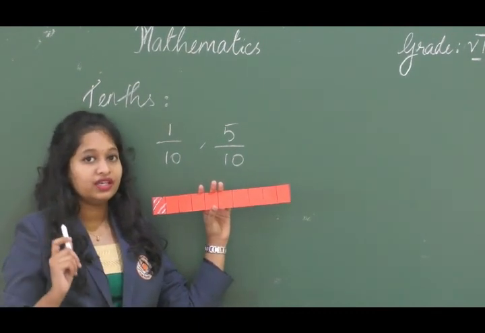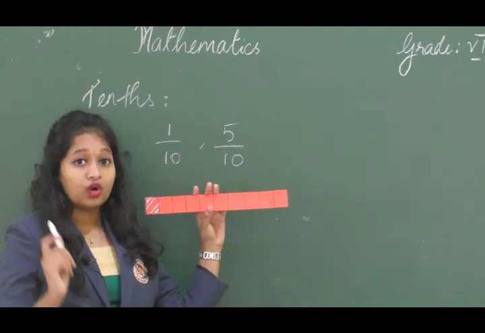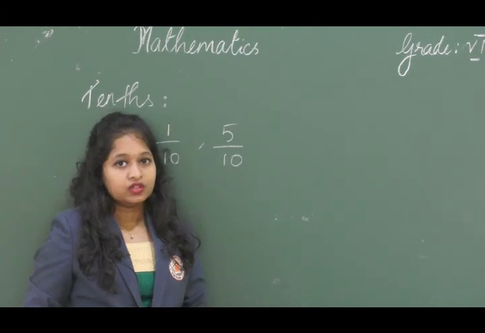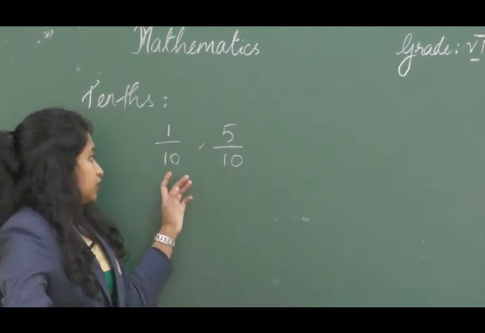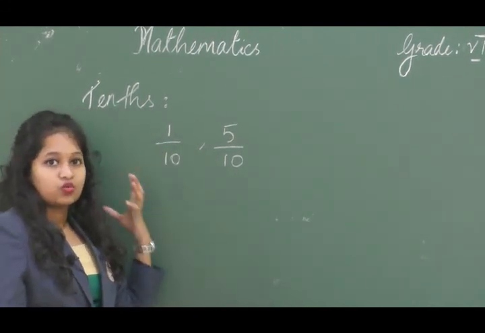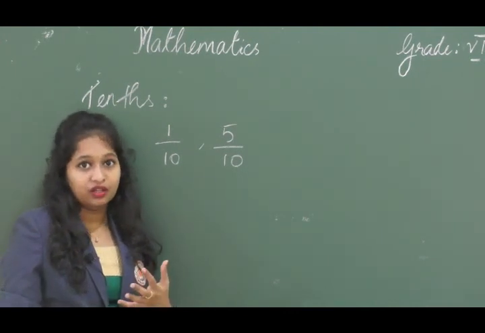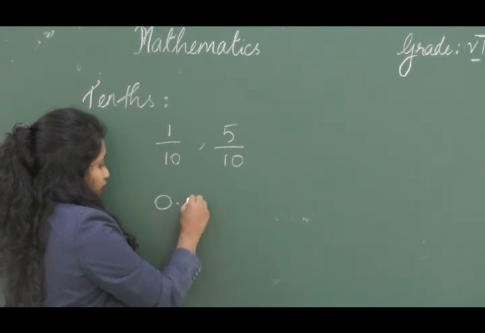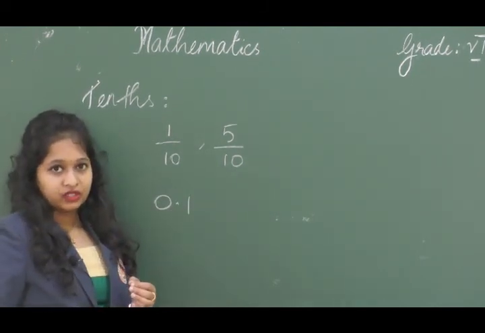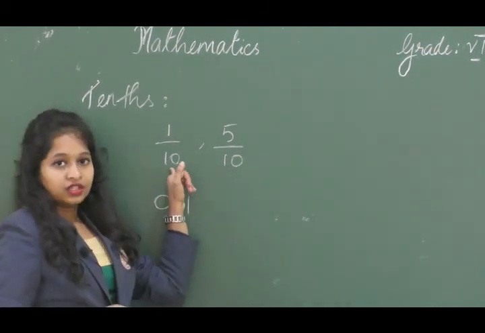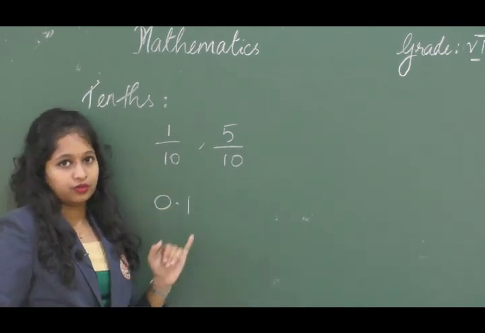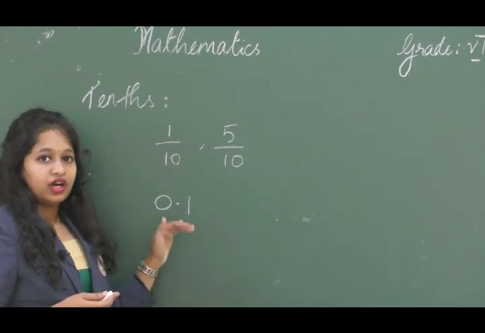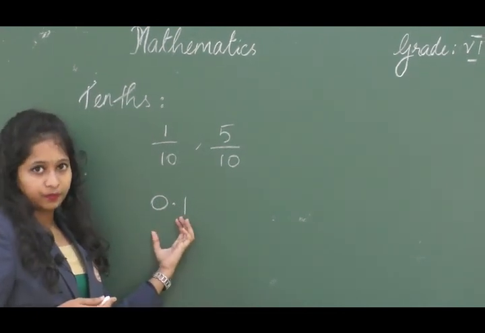So 1 by 10 or 1/10 of the strip is shaded. So we can represent this 1 by 10 in decimal as 0.1. Since there is 1 zero here, put a point after one number.